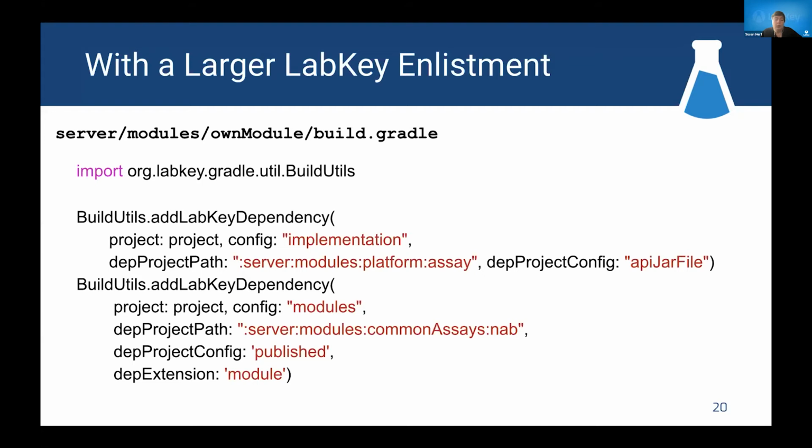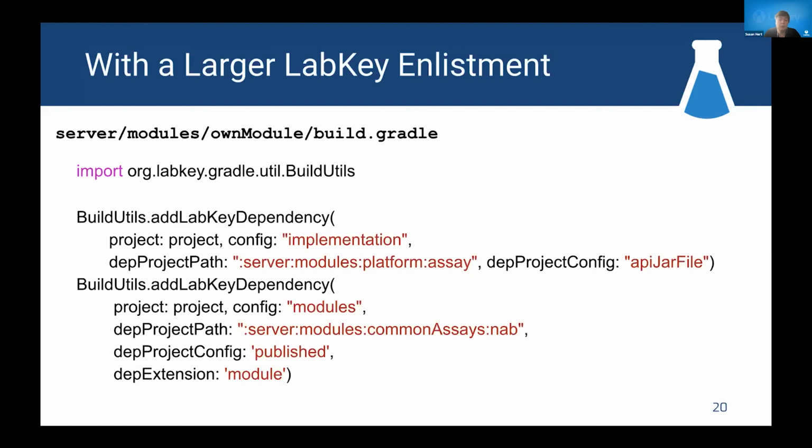So the effect of this addLabKeyDependency utility is to declare a dependency for a configuration to a particular project or artifact. But it has a lot of magic inside it that will check, do you have this build from source property set to true or false, for example, or do I not have that project in my settings file, or do I not have an enlistment in that project?